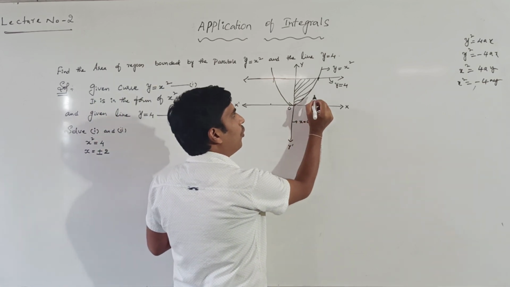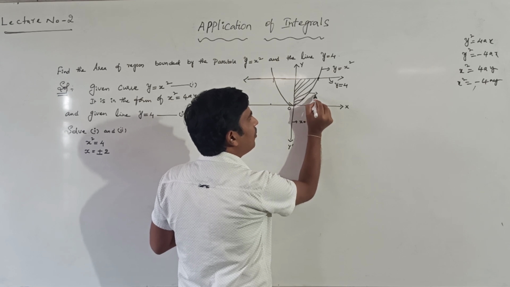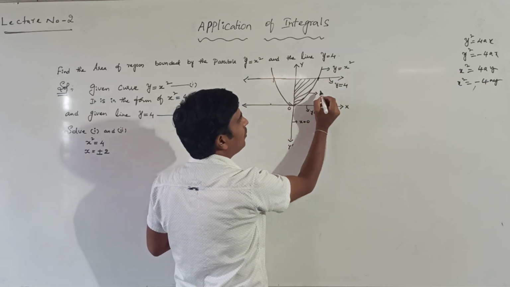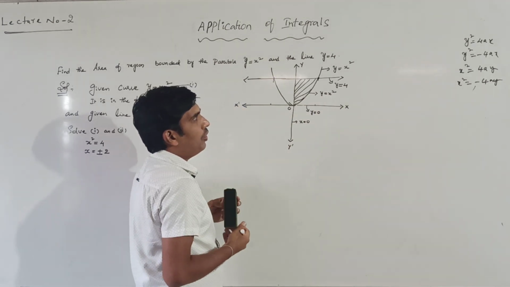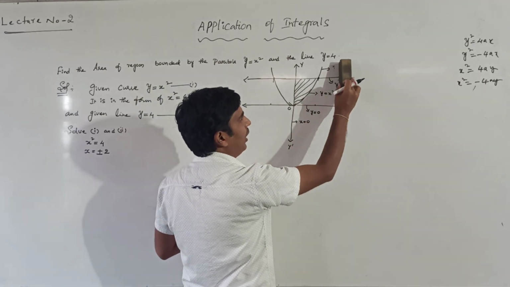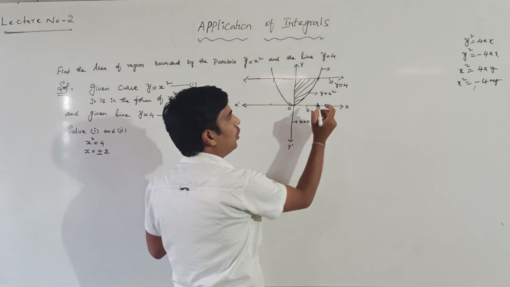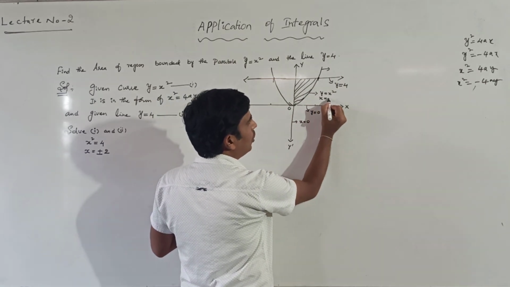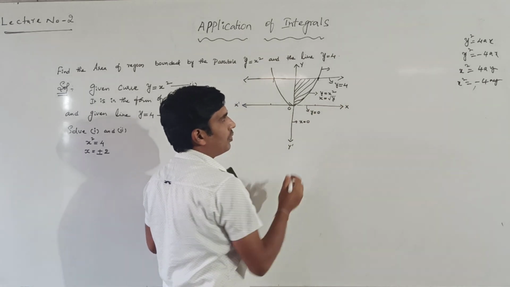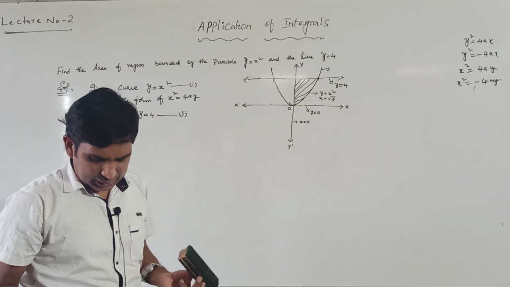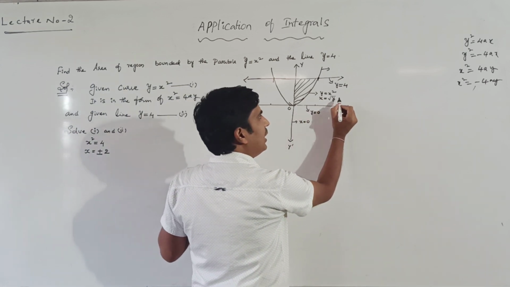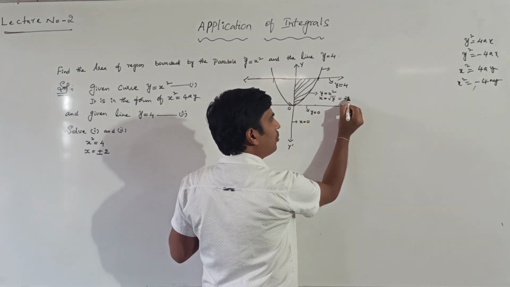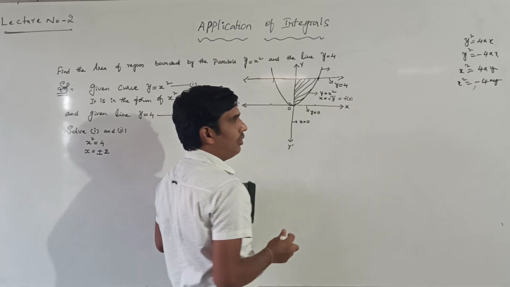So now what is the curve equation here? y is equal to x square. From here, what is the x value? Root y. y is equal to x square, nothing but x is equal to root y. It is in the form of x is equal to f of y.